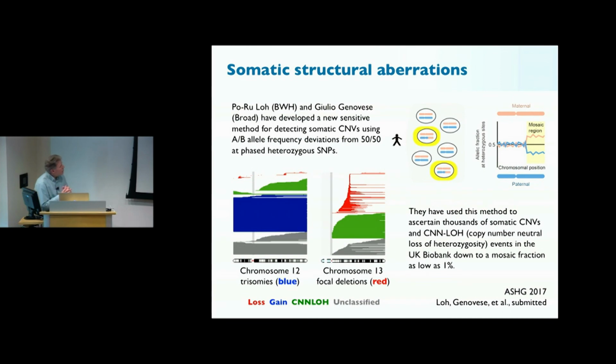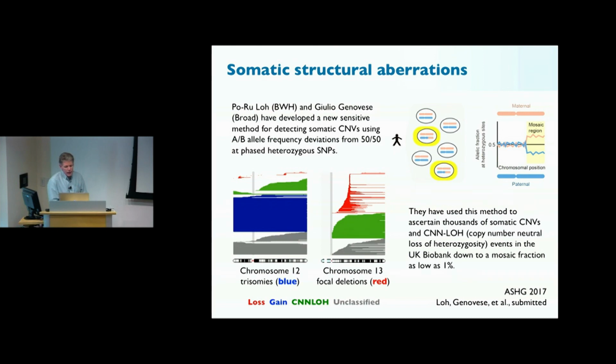And this is kind of a precursor to introducing that Poru and Giulio, Poru Loh, who's at Brigham and Women's and formerly in the Price Lab, have been this year working on a new, more sensitive statistical method for detecting these somatic CNVs, basically by combining the B allele frequencies with very good long-range phasing from EAGLE.